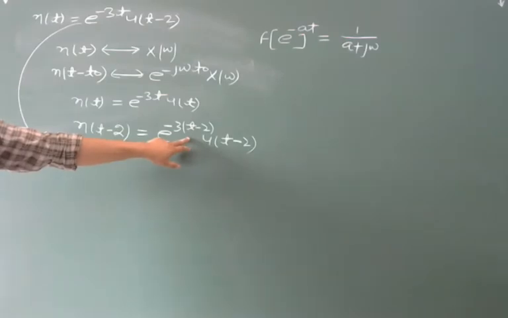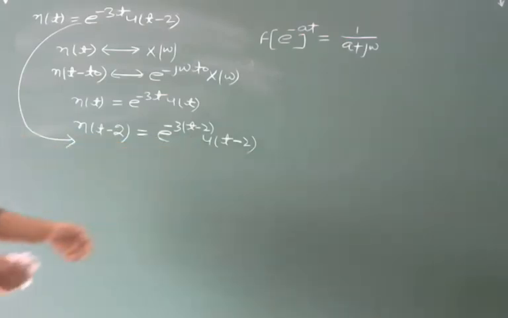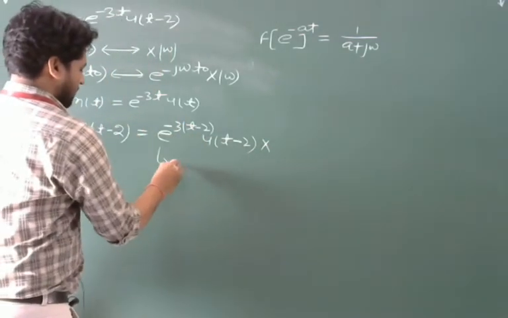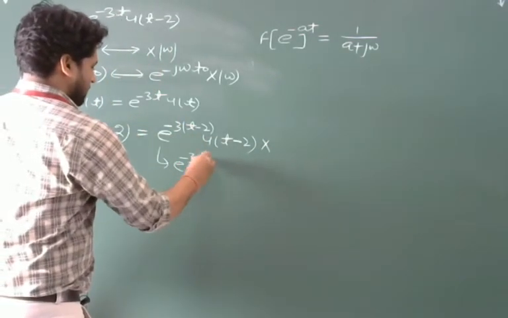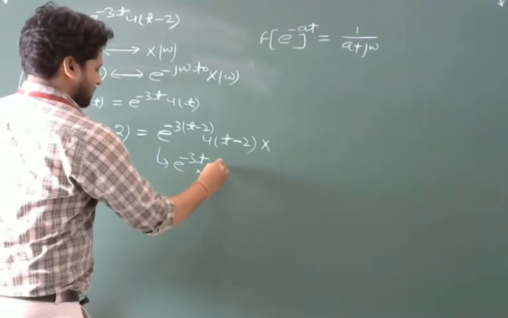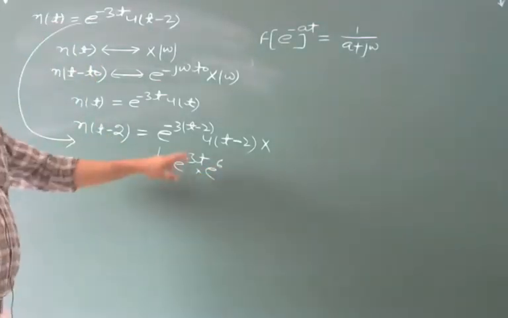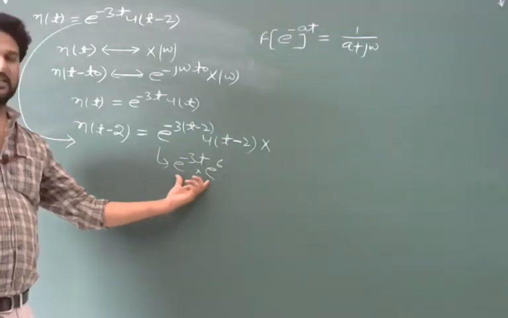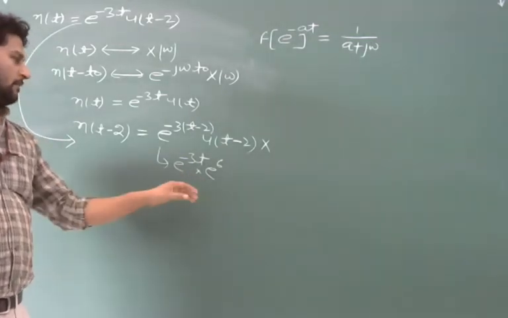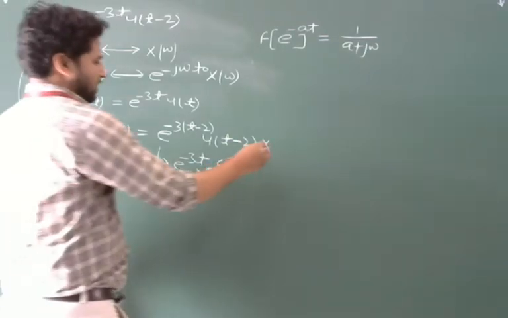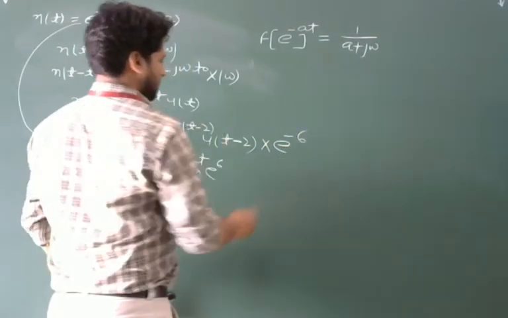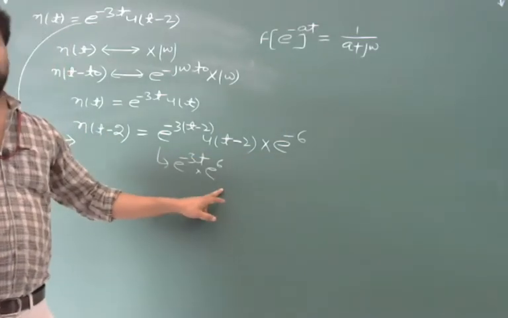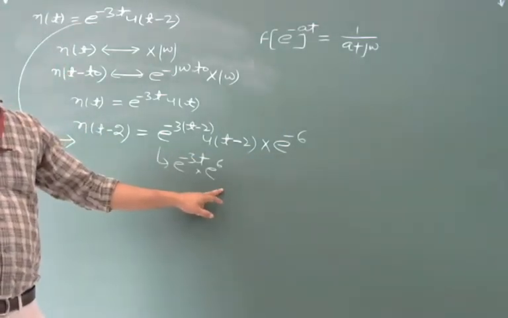To convert this signal into this form, we have to multiply e^(-3t) by e^6, and because we have multiplied by e^(+6), we also have to multiply by e^(-6), so that these two cancel each other and become 1, and the signal remains as it is.